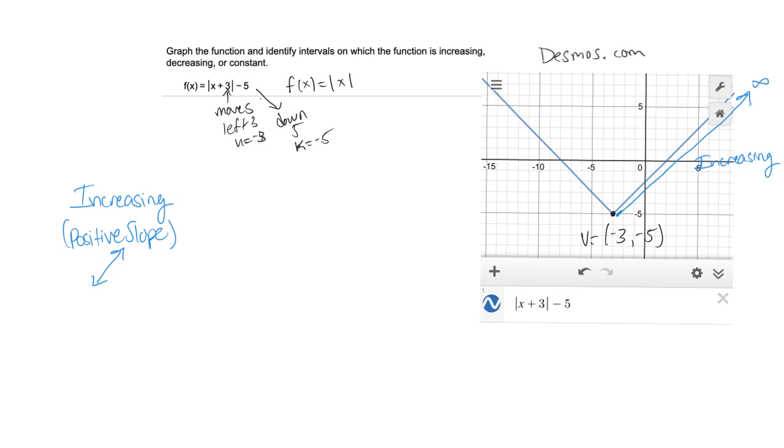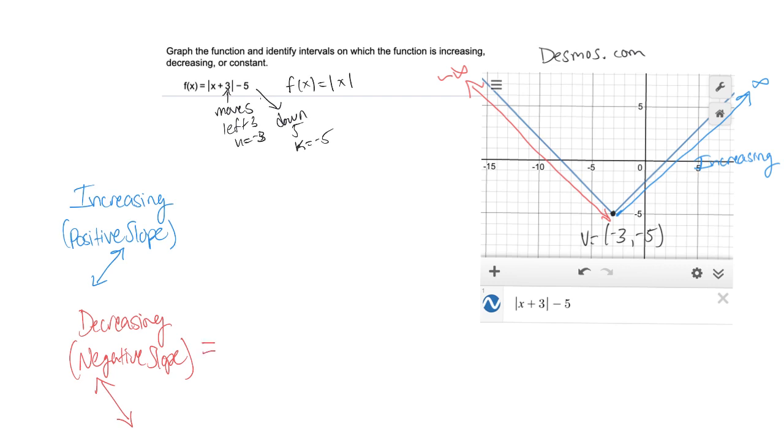Then decreasing is when we have a negative slope, right? Meaning it goes down and to the right or up and to the left, right? And we see that it starts at negative infinity and then stops at -3.